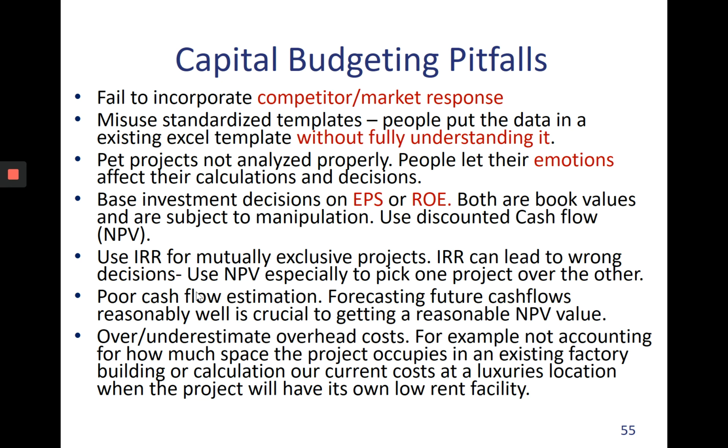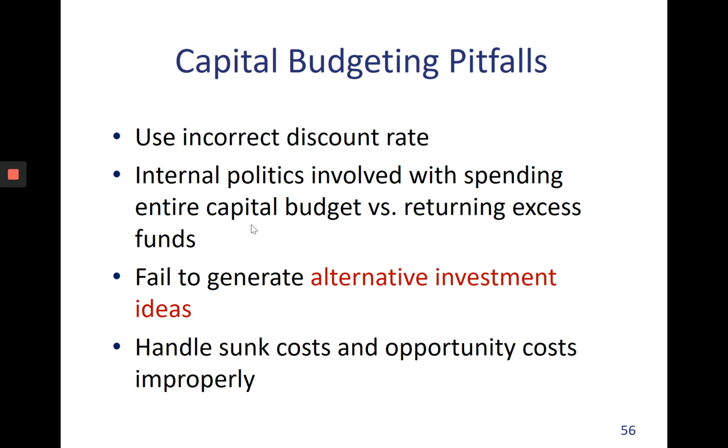And if our building is not large enough, perhaps the project requires an expansion of facilities and buildings, and that's a cost that we haven't calculated. Discount rates might be incorrect. We might use our current cost of capital, and the project may affect our cost of capital, make us more risky, and cost of capital may go higher.